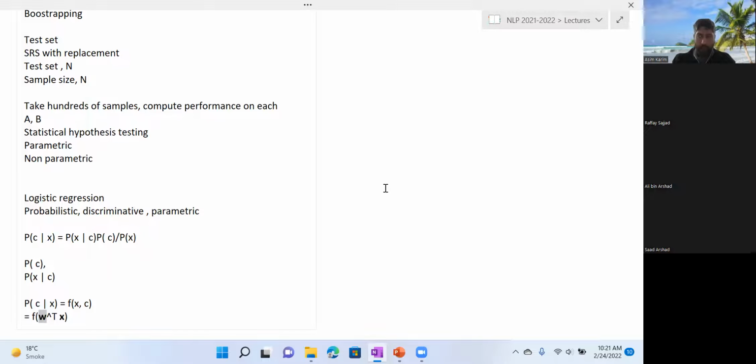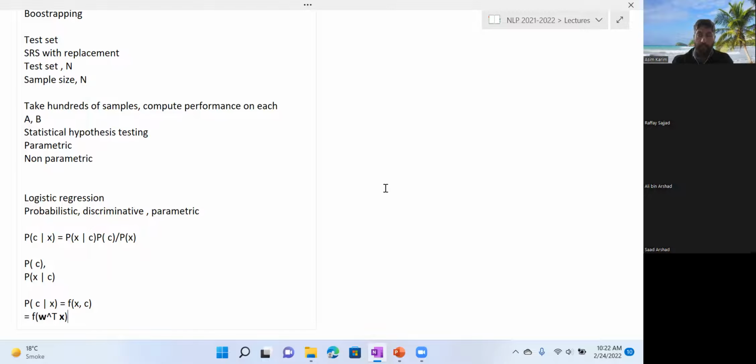Vector is always column. So when we put a transpose on W, it becomes a row. Row multiplied with column gives you a single value. That single value is then fed to this function, and that function outputs a single value. So on the left-hand side, what do we have? It's a probability. So this single value must lie between 0 and 1. Otherwise, it will not be a probability.